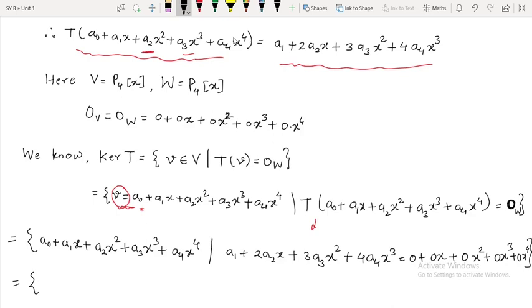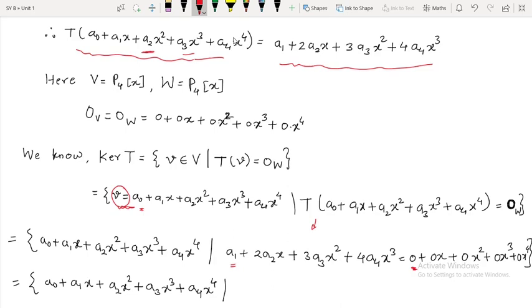Which is further equal to the set of all a0 plus a1x plus a2x square plus a3x cube plus a4x raised to 4, such that, now simply compare. So after comparison, see, this is the constant term on the left hand side and this is the constant term on the right hand side.